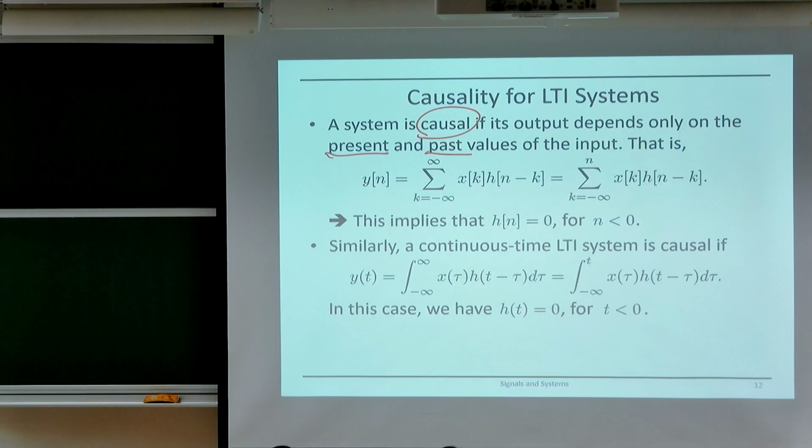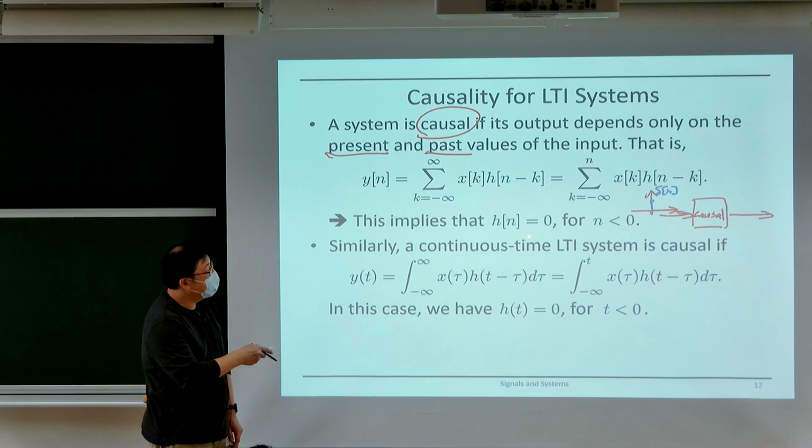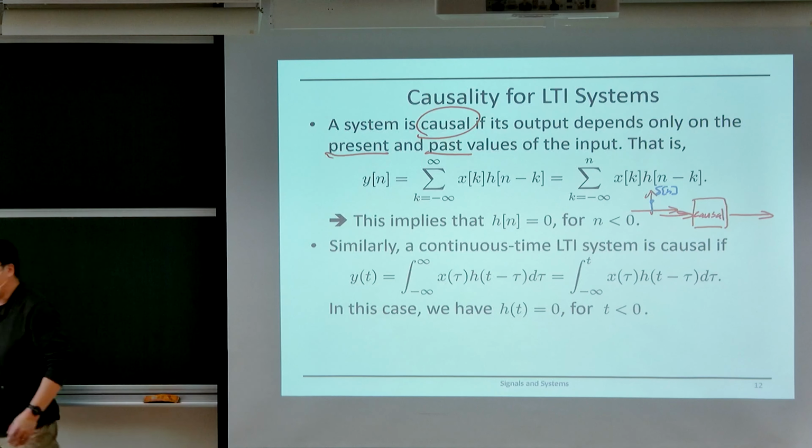Intuitively, what this means is that if you have a system that is causal and you insert a unit impulse at time 0, then the response to the impulse must be 0 for all n less than 0.